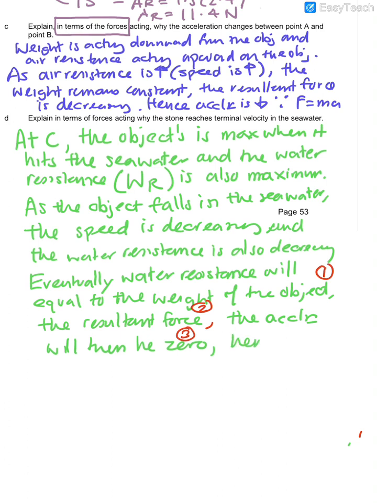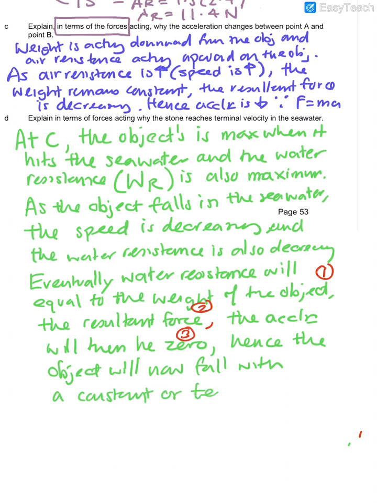Hence, the object will now fall with constant, or what we call terminal velocity. Okay, so that's your box number 4.